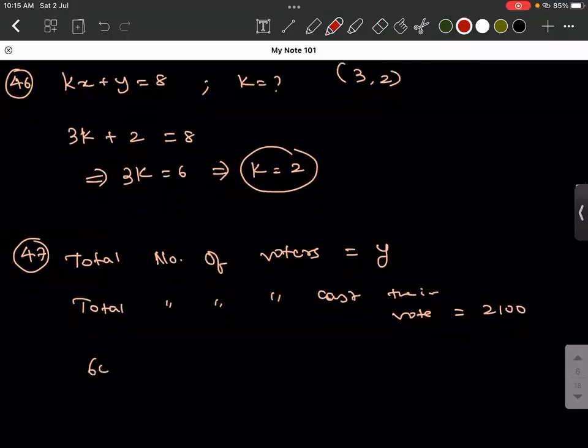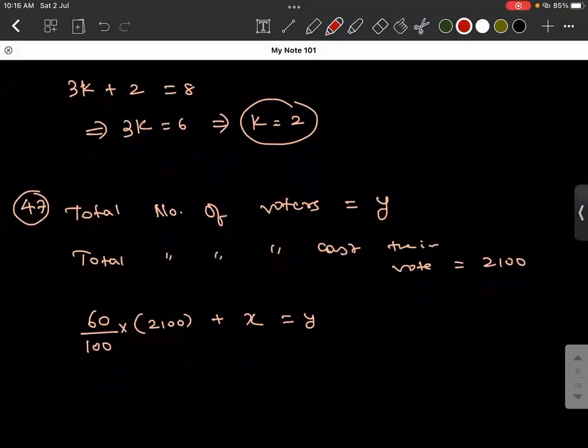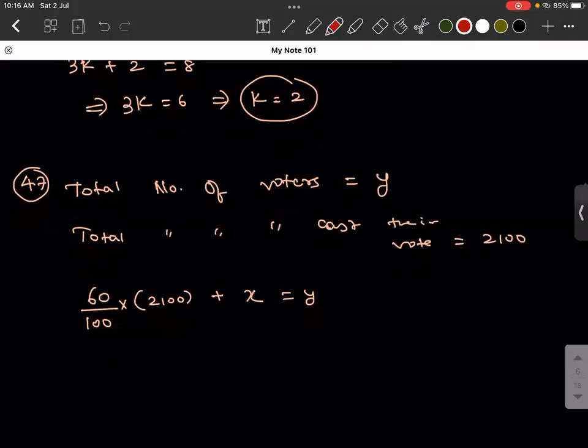So 60% means 60 by 100 of 2,100 plus X is equal to Y. So how much is the answer? 21 into 6 is how much? 1260, no?